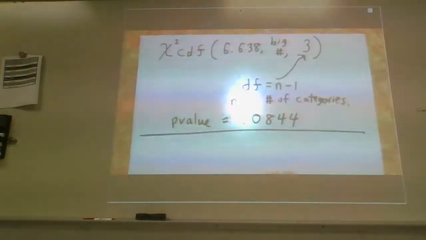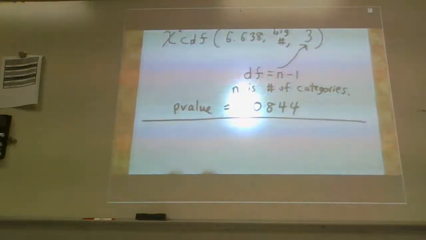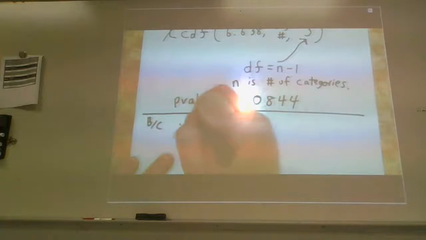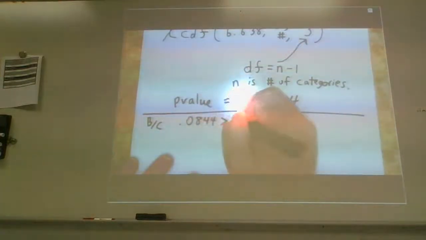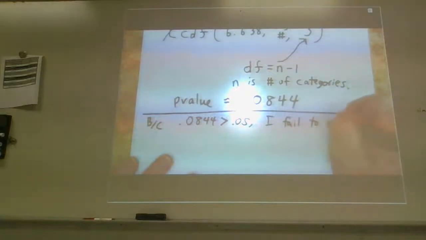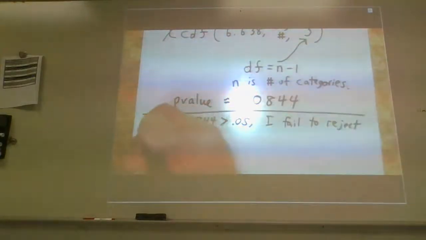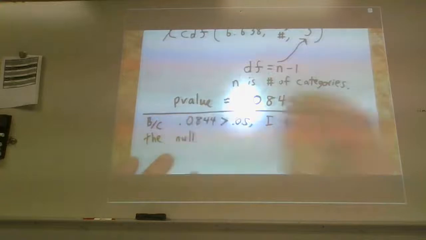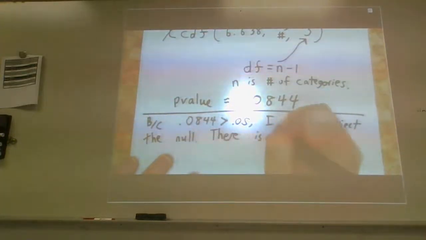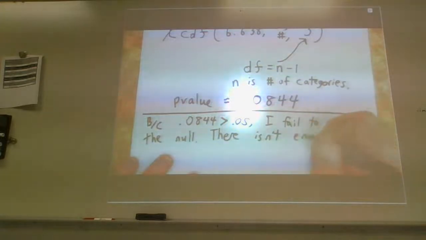The conclusion that we can come to: because 0.0844 is greater than 0.05, I fail to reject the null. There isn't enough evidence.